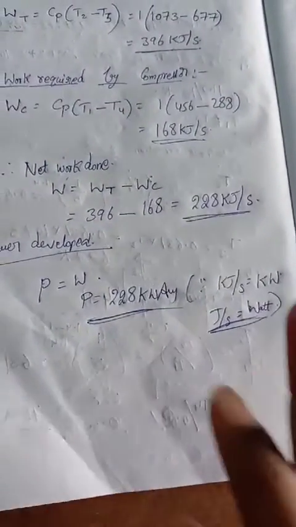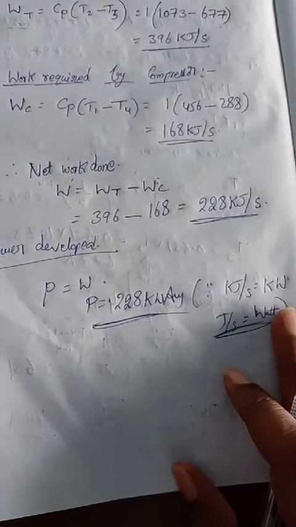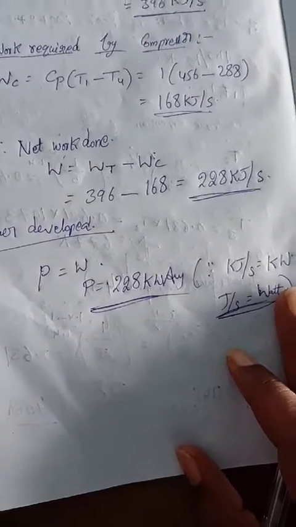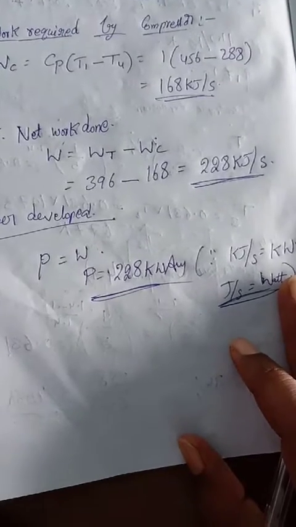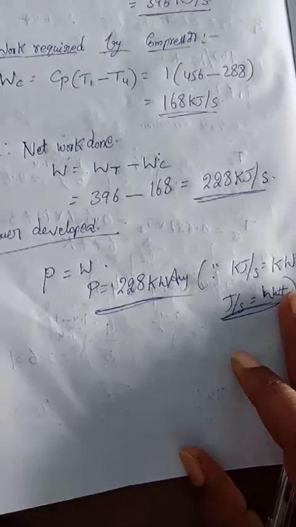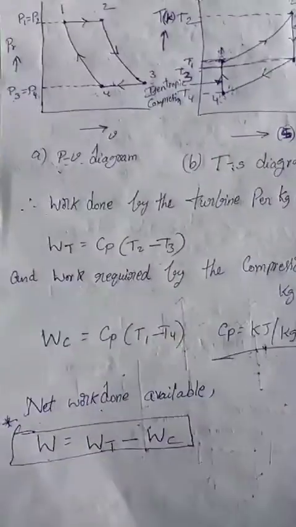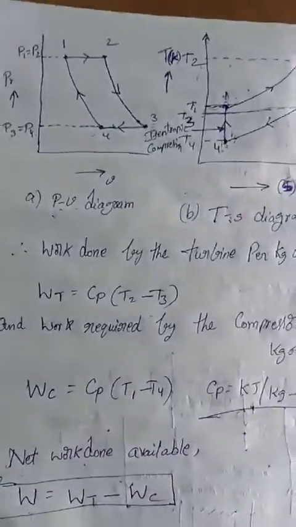The units relationship is the most important thing. Unit conversion is very important, so you must learn the unit conversions. And this is the procedure to solve the closed cycle.